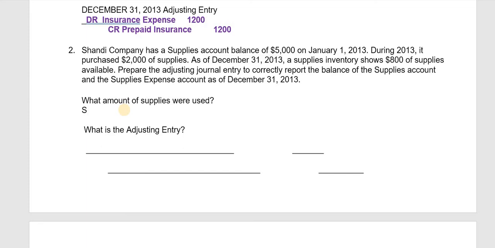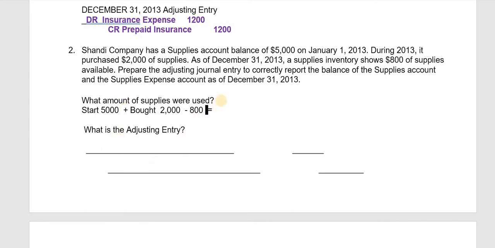We started with $5,000. We bought $2,000. Then we went in the storeroom and we counted $800 left. So how many were used?